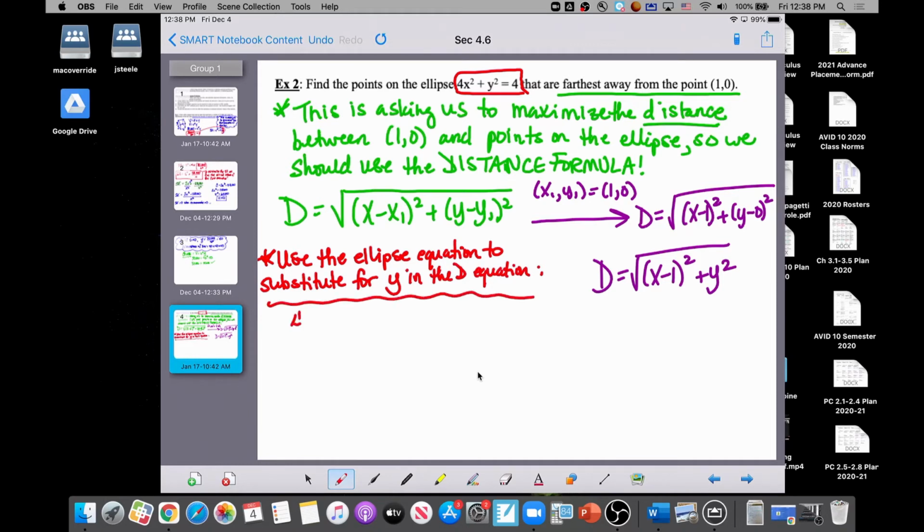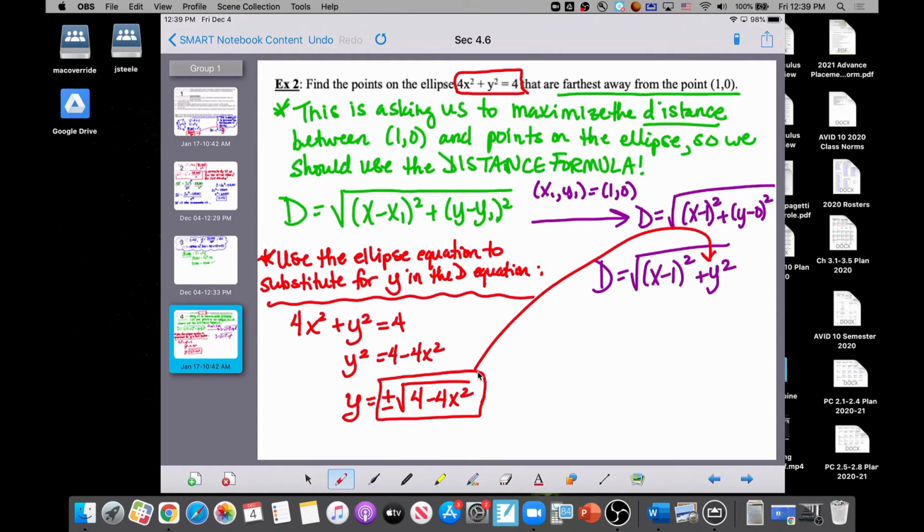All right, so our ellipse equation is 4x squared plus y squared equals 4, and I want to solve that for y. First I'll subtract 4x squared, so y squared equals 4 minus 4x squared, and then I'll square root both sides. So I get y equals, and remember when you square root you get plus or minus, the square root of 4 minus 4x squared. I'm going to put that value in for y over here.